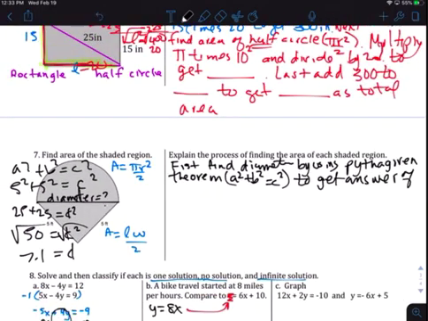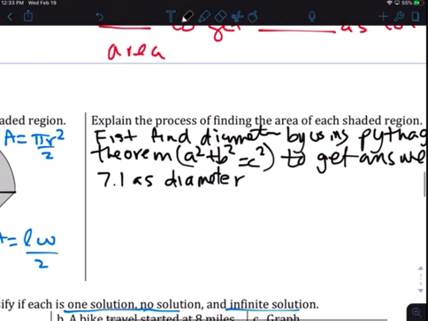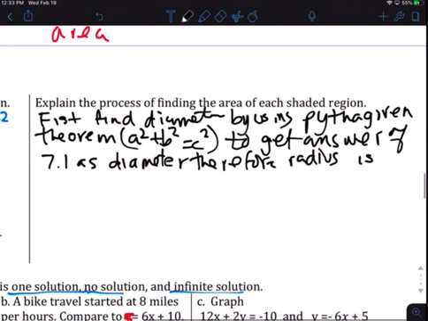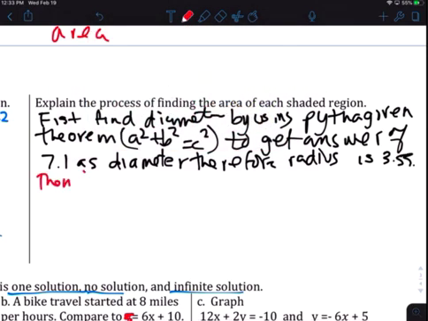Okay, so 7.1 is the diameter. Therefore, the radius is 3.55.